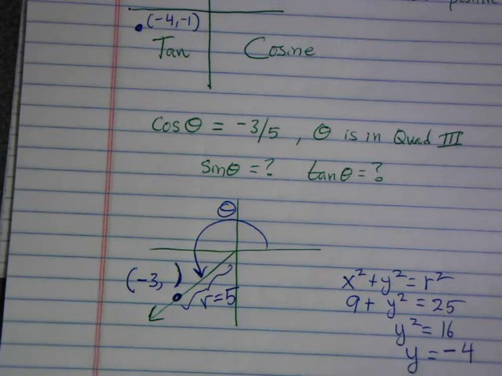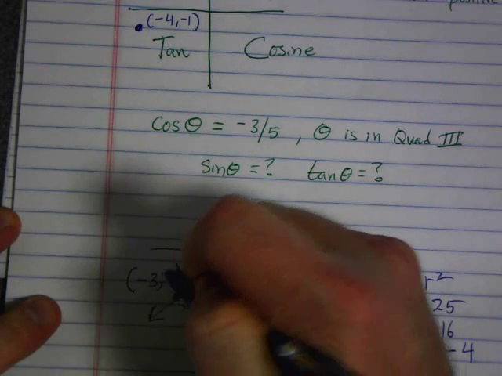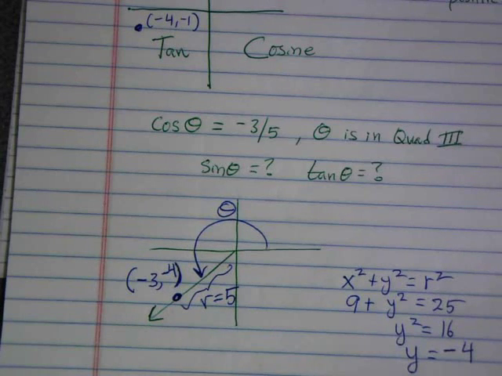Why in this case does y have to be -4? Because we are in quadrant 3. When you take square roots, typically you do plus or minus. You're going to pick the sign depending on which quadrant you're in.